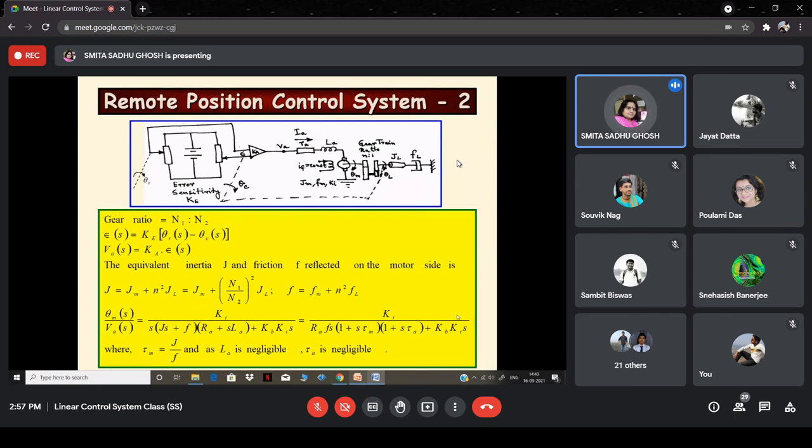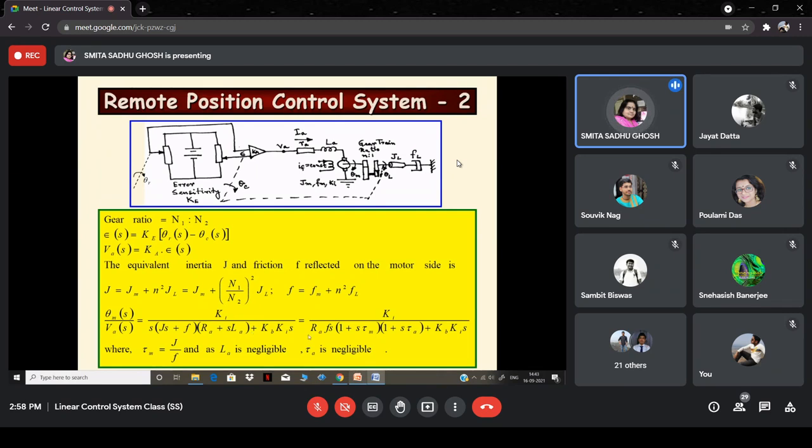Where tau m is given by J by F. We've taken F common, so that here you have J by F into s, and that J by F has been replaced by tau m. So you can understand, it's obvious. So tau m is equal to J by F, and tau a is equal to La by Ra. That is also obvious.